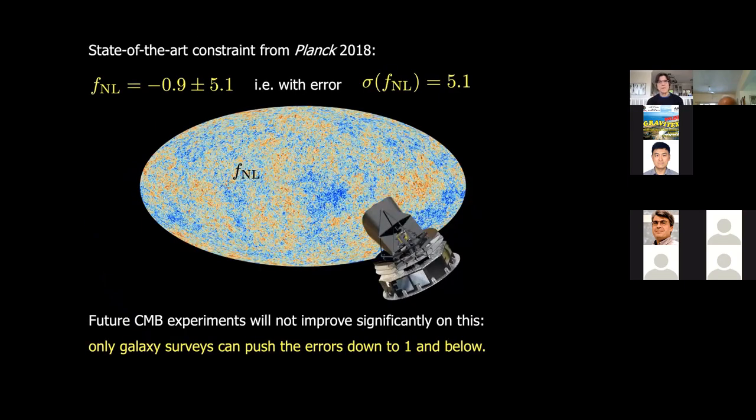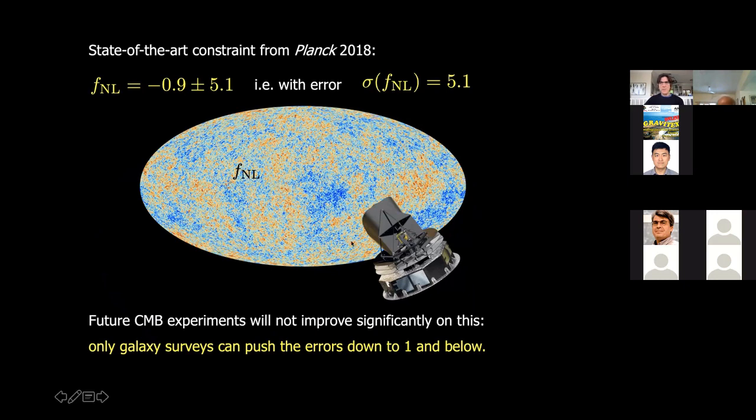So unsurprisingly, the state-of-the-art constraint on this non-Gaussianity parameter is from the Planck satellite. And the latest measurement is -0.9 plus or minus 5.1. In other words, the important thing to focus on here is the error, which is currently of order 5.